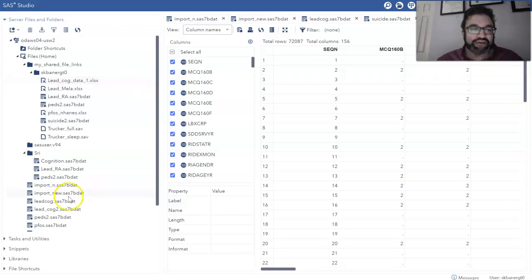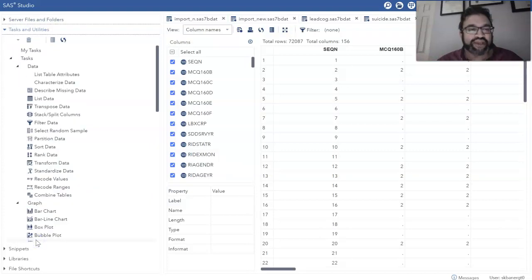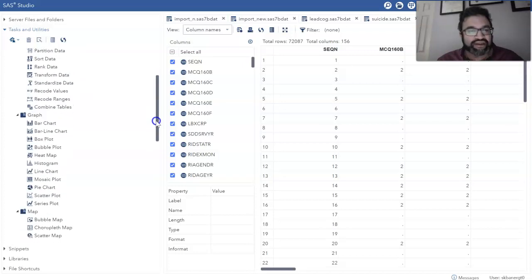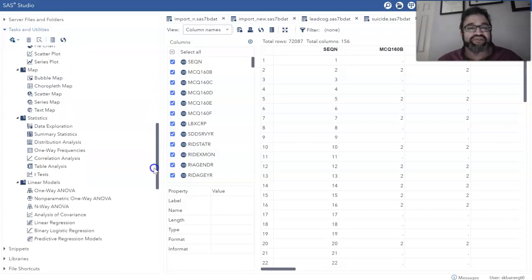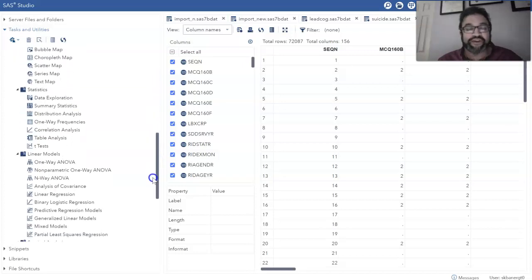So if you look over here, again, you have the option of using a syntax level program, write a program and run that, or alternatively, you can use the functionality that is available to you. So we're going to use the menu functionality that is available.